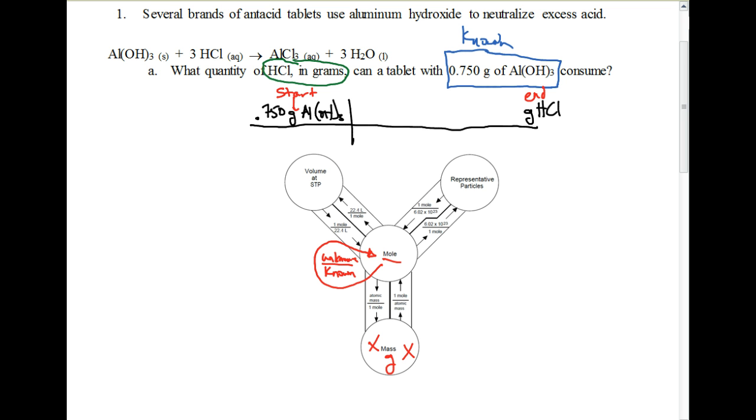Those were going to be our coefficients. And so our first conversion factor as we travel from grams up to moles, as the mole road says, is going to be 1 mole over the atomic mass, or molar mass. So that's going to be grams of aluminum hydroxide, our starting point.